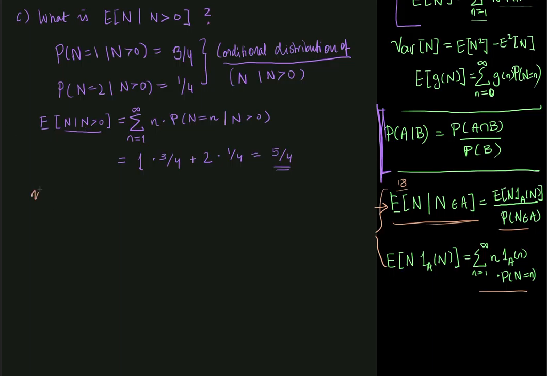So using the formula from page 18 at the bottom, we get that the mean of n, given that n is greater than 0, is equal to 1 over the probability that n is greater than 0, multiplied by the expected value of n multiplied by the indicator of n being greater than 0 of n.